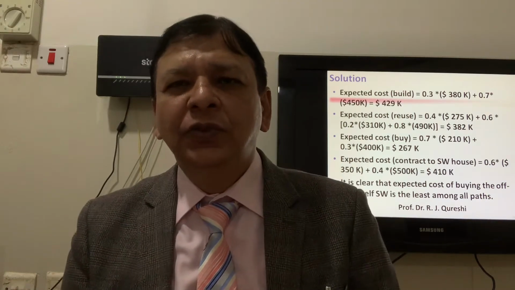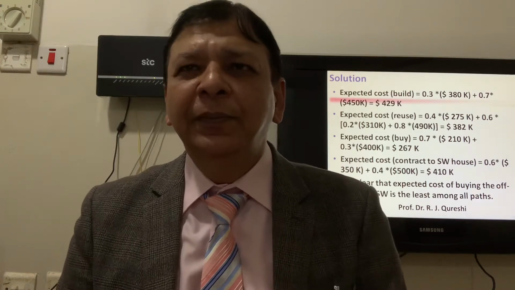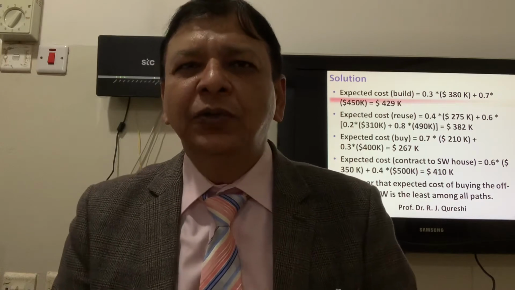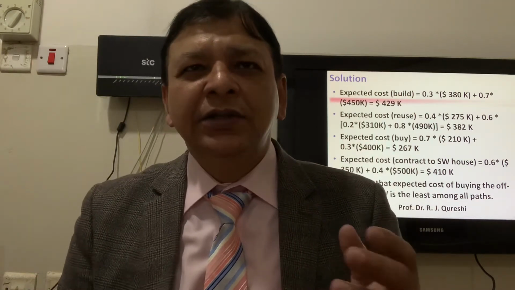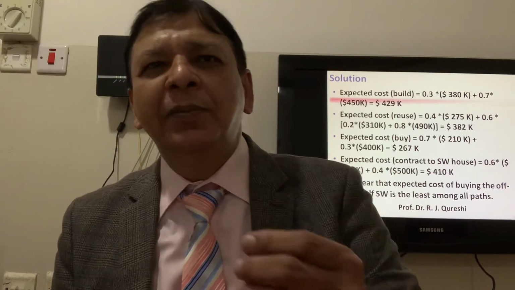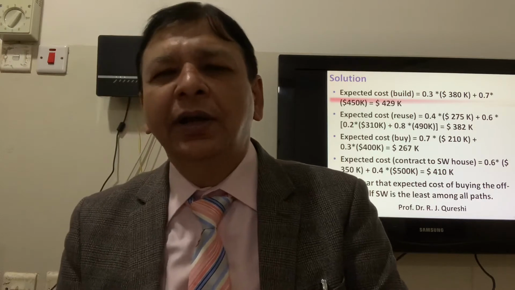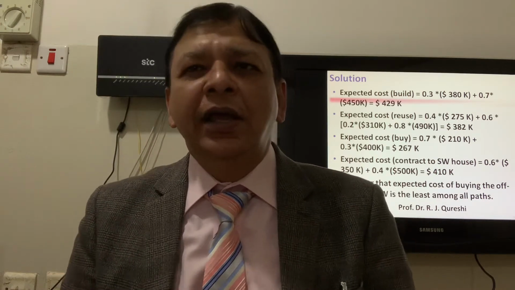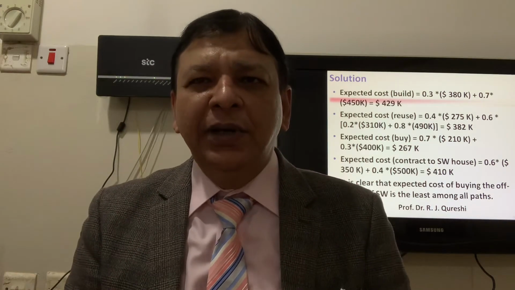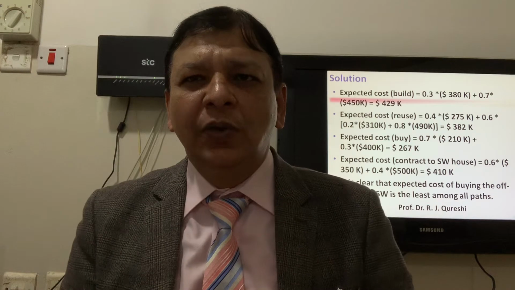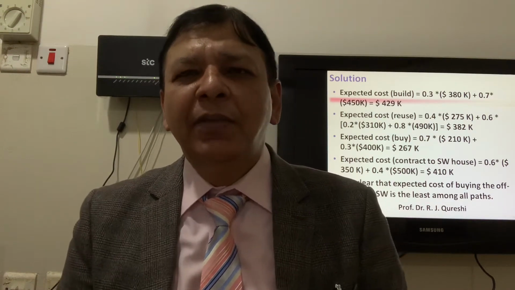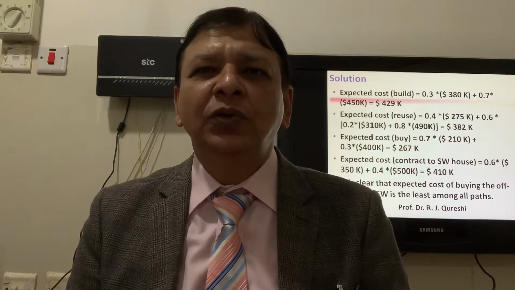Expected cost to reuse: 0.4 multiplied by 275K plus 0.6 multiplied by, there are further two branches, so we have parentheses here, sigma, the path probability multiplied by estimated cost, 0.2 multiplied by 310K plus 0.8 multiplied by 490K, equals 382K.